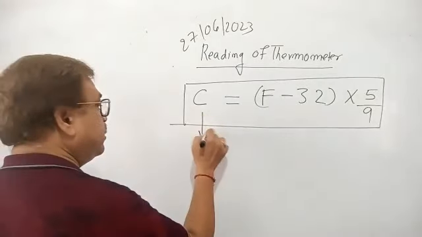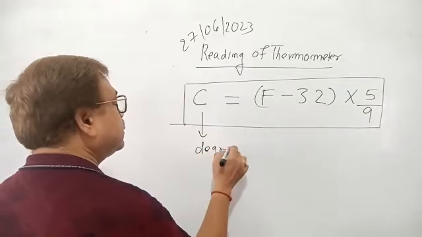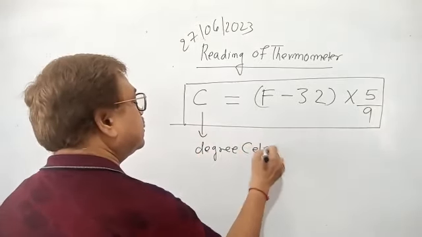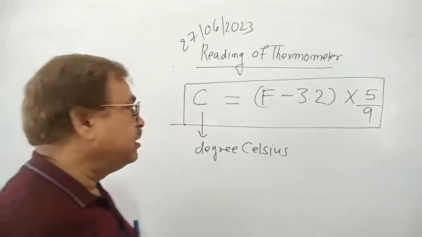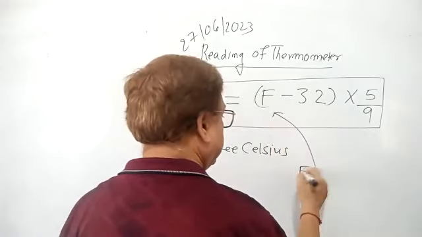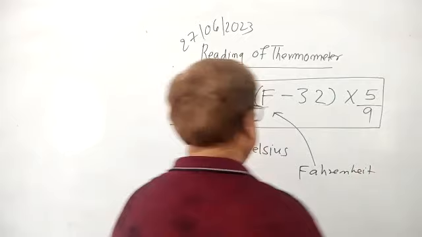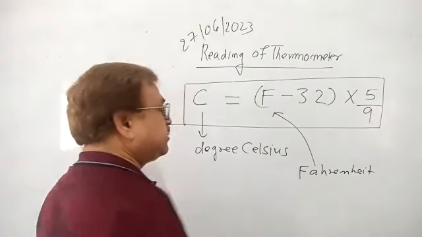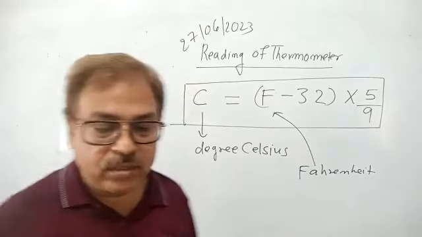C stands for degree Celsius scale of temperature, and F is called the Fahrenheit scale of temperature. So the two different scales can be converted into each other.